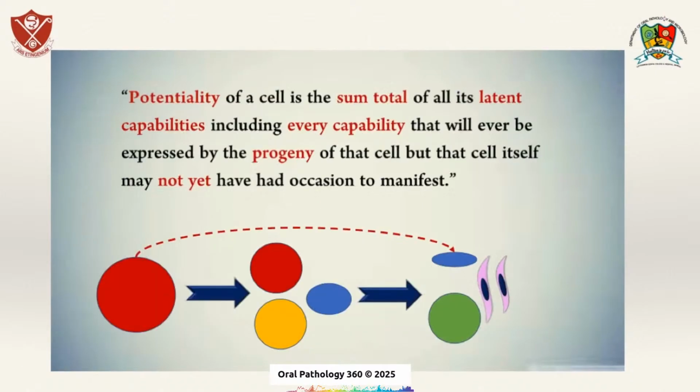Now, what is potentiality? Young budding pathologists, remember this. Potentiality of a cell is a sum total of all its latent capabilities, including every capability that will ever be expressed by the progeny of that cell. But that cell itself may not yet have had occasion to manifest itself.